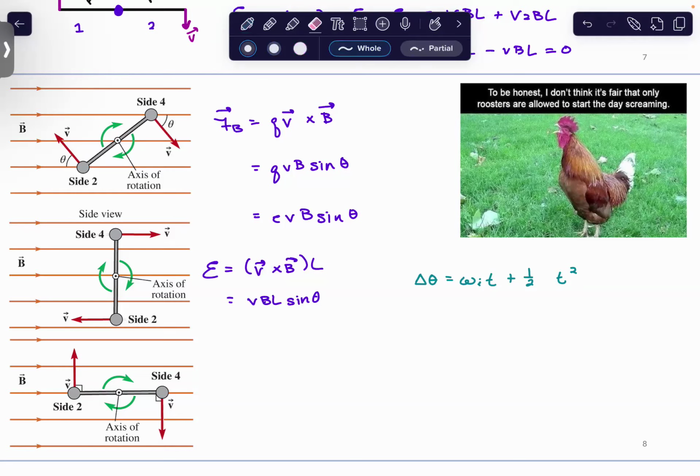Alpha. It's a rotational kinematic equation. Now, there is no angular acceleration, so that's 0.